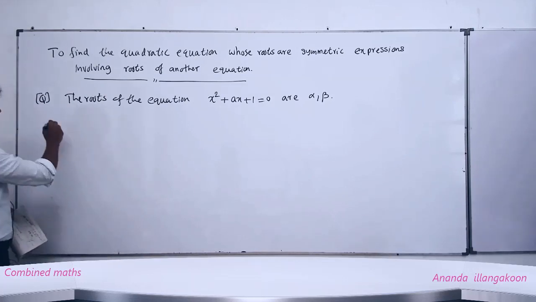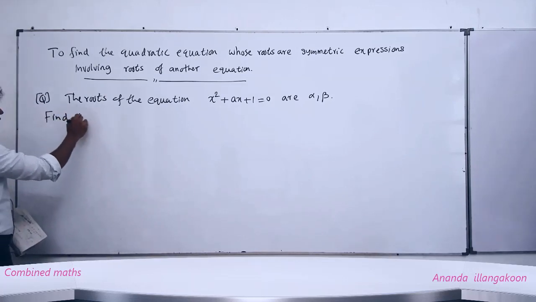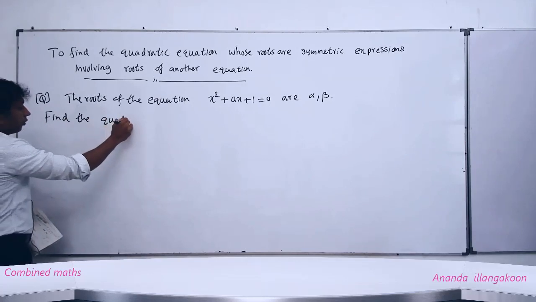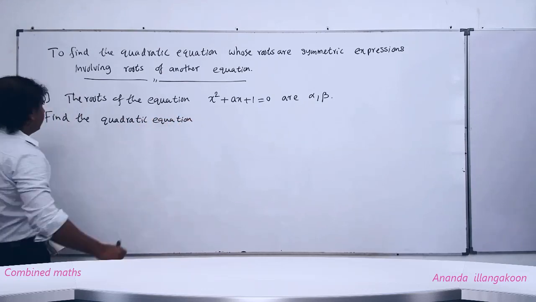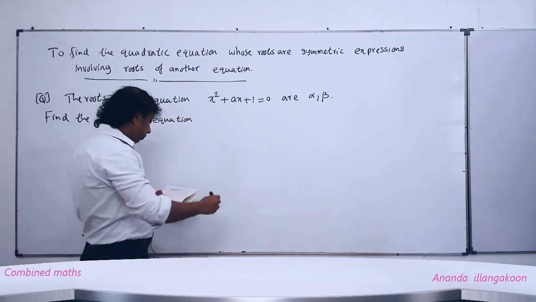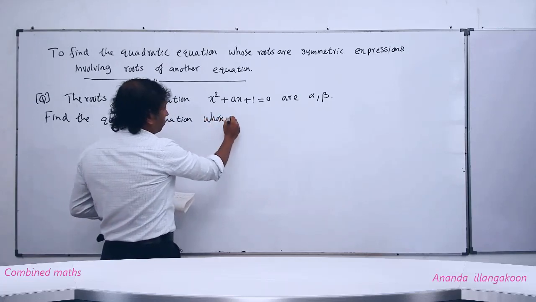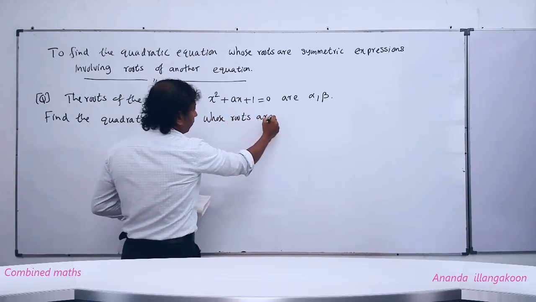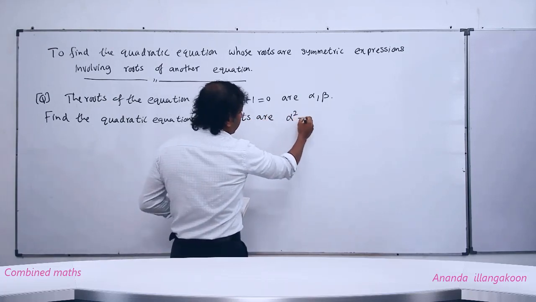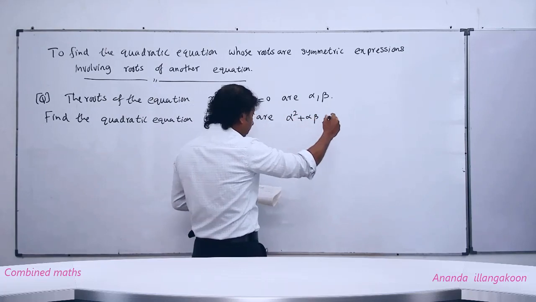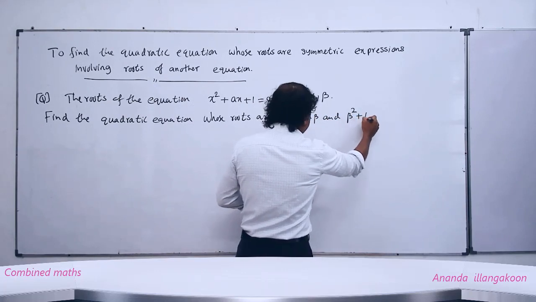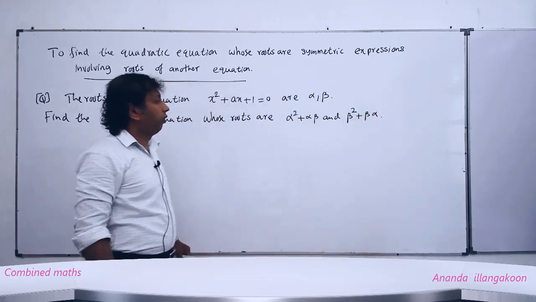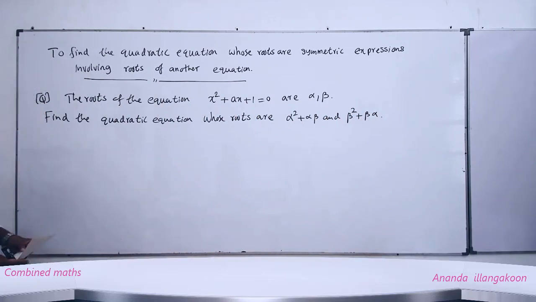Find the quadratic equation whose roots are alpha squared plus alpha beta and beta squared plus beta alpha. Very simple question. Alpha squared plus alpha beta and beta squared plus beta alpha.